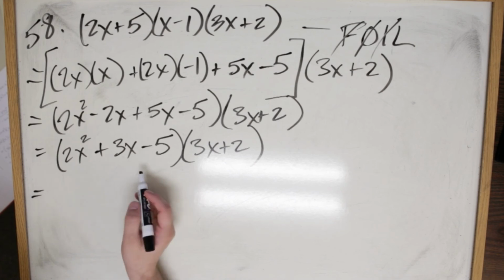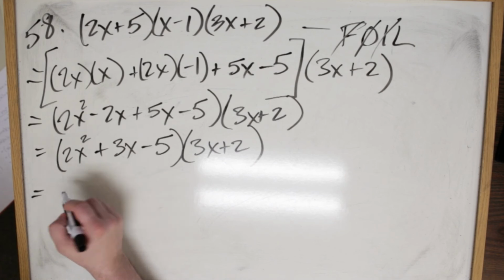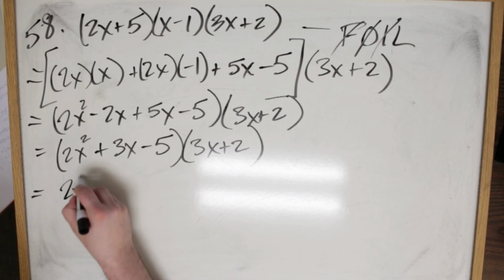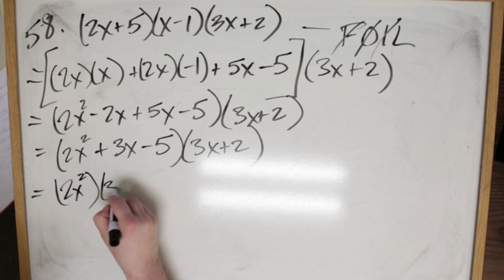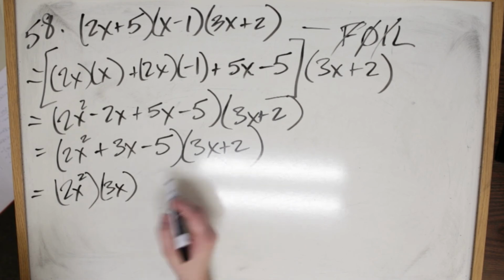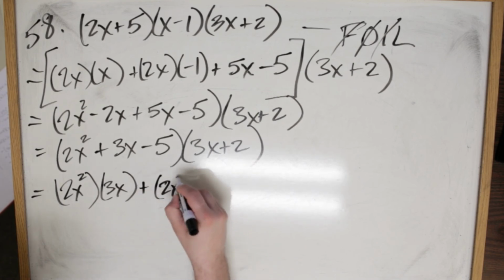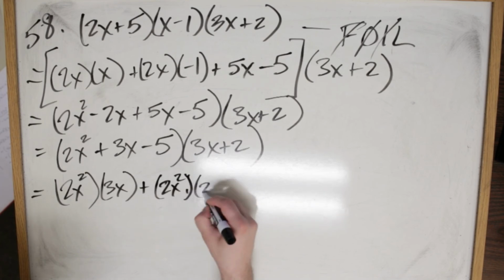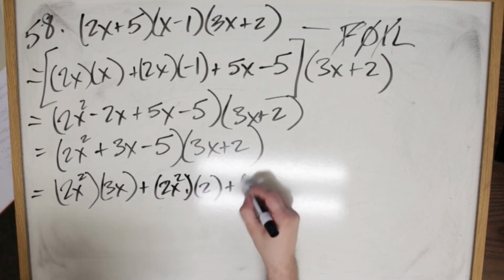So we are going to do 2x squared times 3x. Okay, so that times that. Then we do that times that, which is going to be, oh, remember I got to save space, 2x squared times 2. Plus 3x.